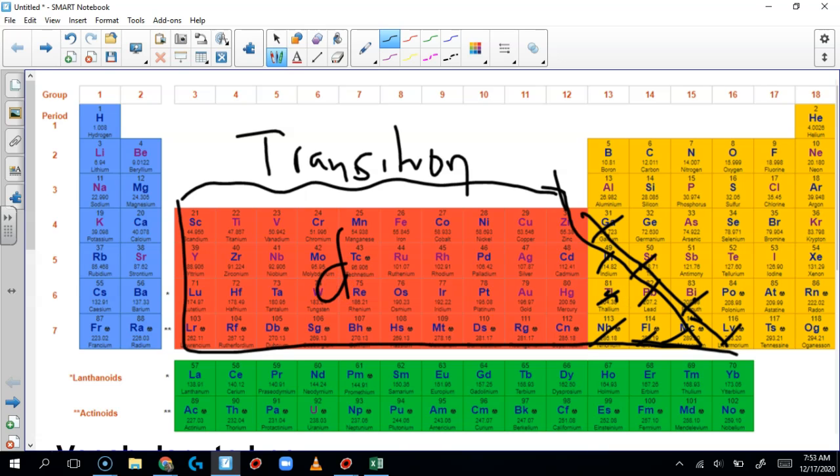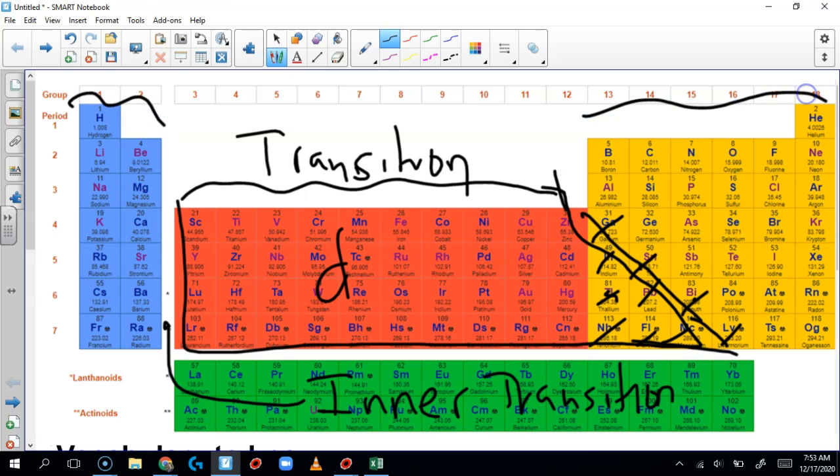And then there's the transition metals, plus these elements down here, which are the inner transition metals, because the inner transition metals, remember, get inserted into the periodic table right here, so they're kind of even more inside the transition metals. Now the only part of the periodic table that hasn't been labeled is this here, and then these over here.